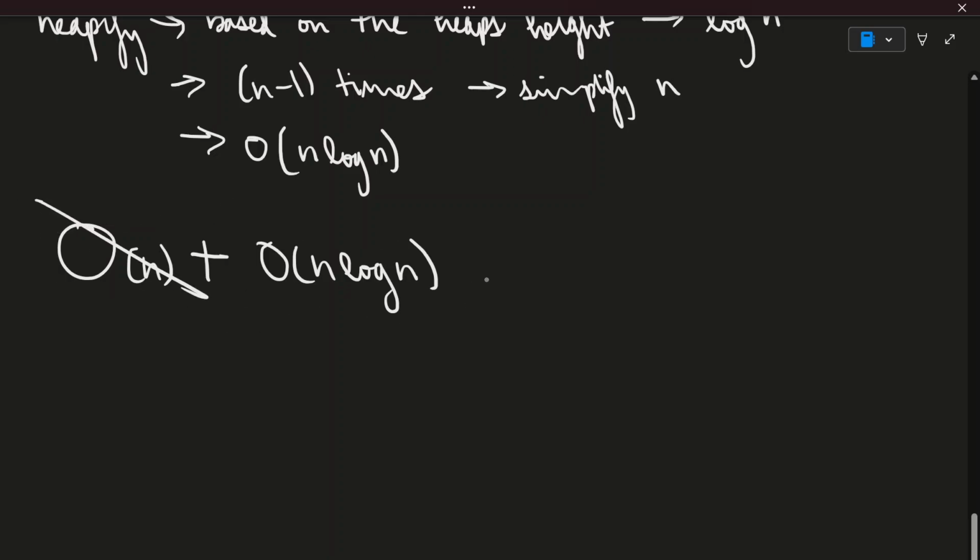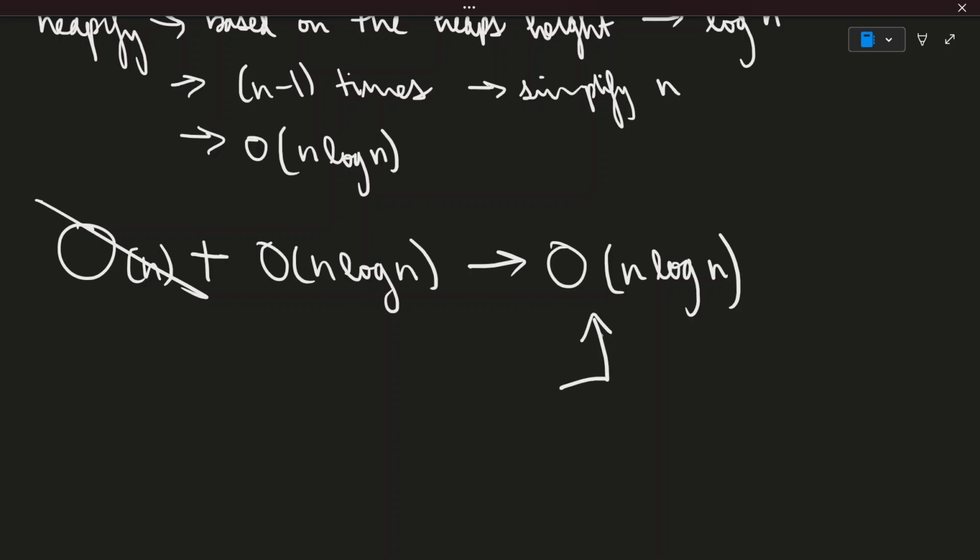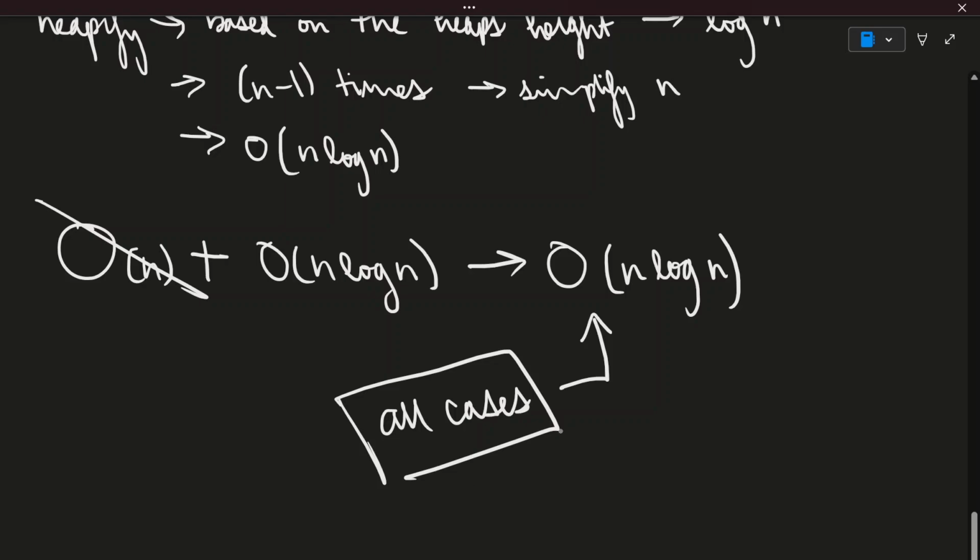So we can get rid of this, which leaves us with a time complexity of O of n log n for heap sort. And this is true for all the cases. For all the cases, it will be an n log n time complexity.